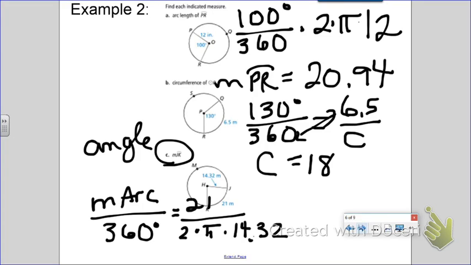Again, we're going to cross multiply. So we're going to take 360 times 21 and take that answer and divide it by 2 times pi times 14.32. We get an answer of 84.02. And that's in degrees.